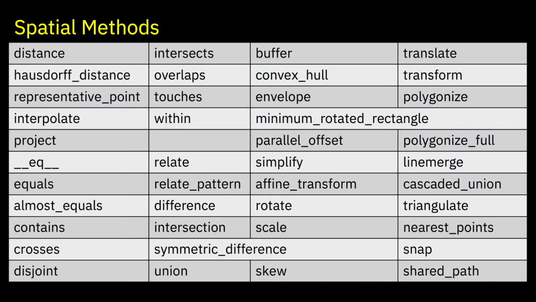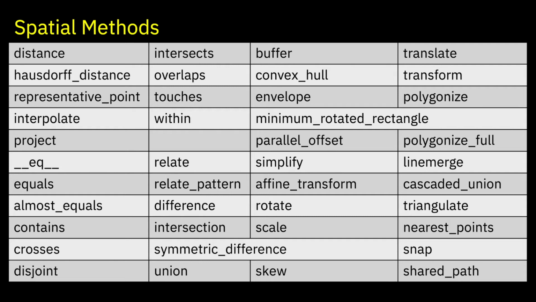There are many methods available, and several of them are obvious. Methods like intersects, overlaps, touches, within, and contains are Boolean operations. Other methods such as difference, intersection, convex hull, and union return other spatial objects. The last one I want to point out on this page is buffer.